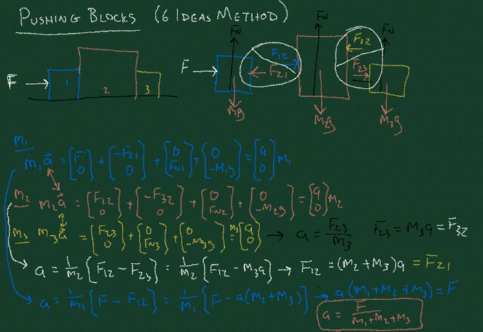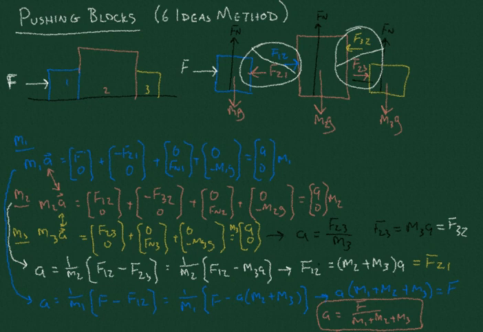So our units check out because we have a force divided by a mass, which gives us an acceleration. And we see that it makes sense, right? If we look at each step along the way, we see that the total acceleration is the force that we're applying divided by the sum of the masses. And so that makes sense. At each step, the force that we're applying is equal to the acceleration times the sum of all of the masses to the right of the force.